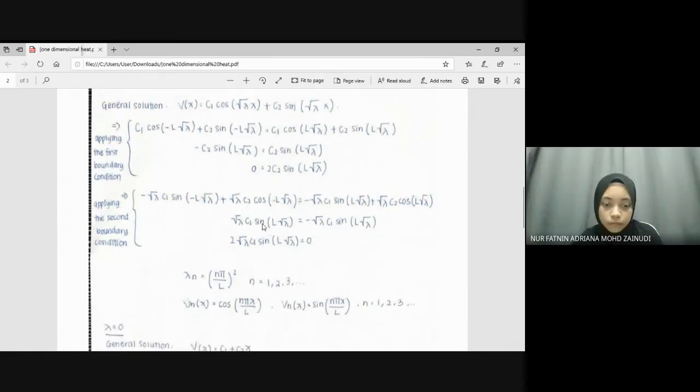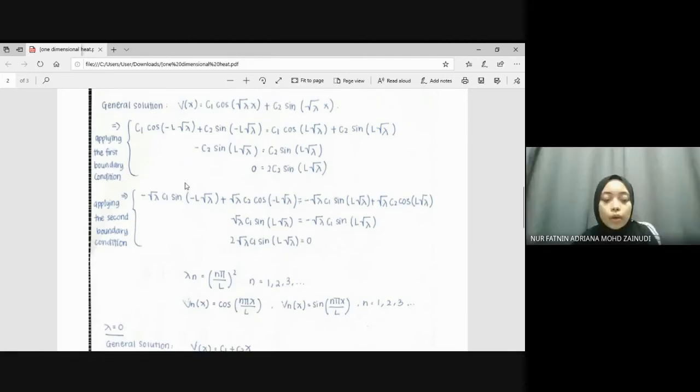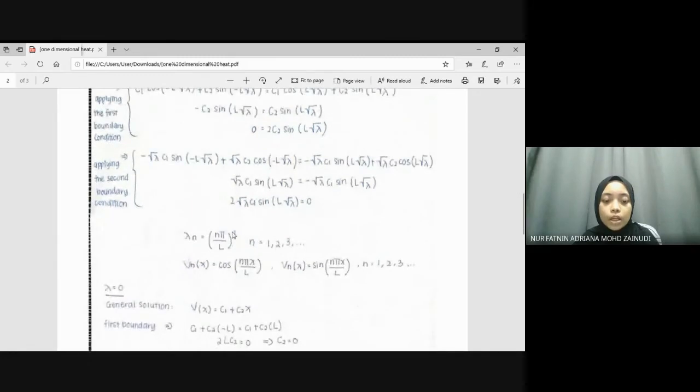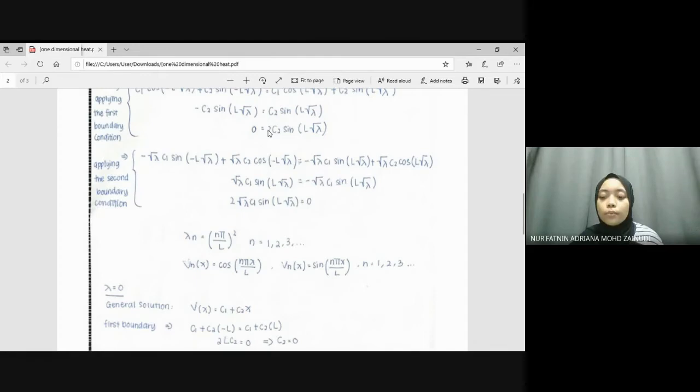At this stage, we can't really say either C2 or sine could be 0, so we will apply the second boundary condition, and we will get 2 square root lambda C1 sine(L square root lambda) is equal to 0. So notice that we get something similar between this and this, and the eigenvalues that we get for this problem is this.